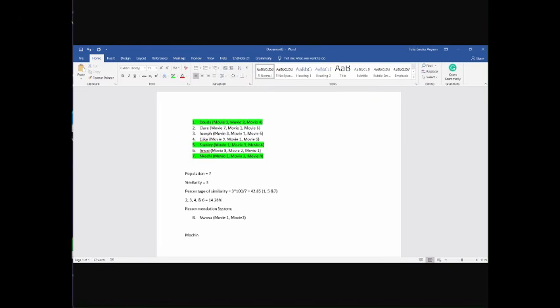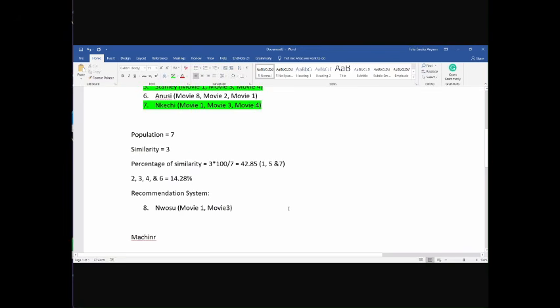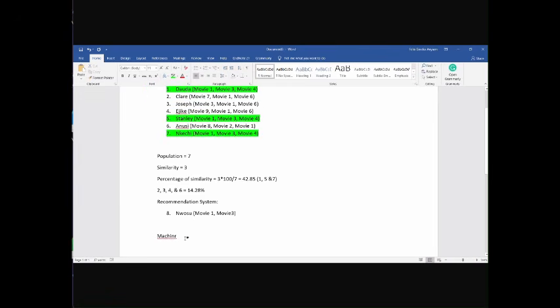The moment she watches movie one and movie three, you will notice that the machine learning recommendation system algorithm in Netflix will pop up movie 4.